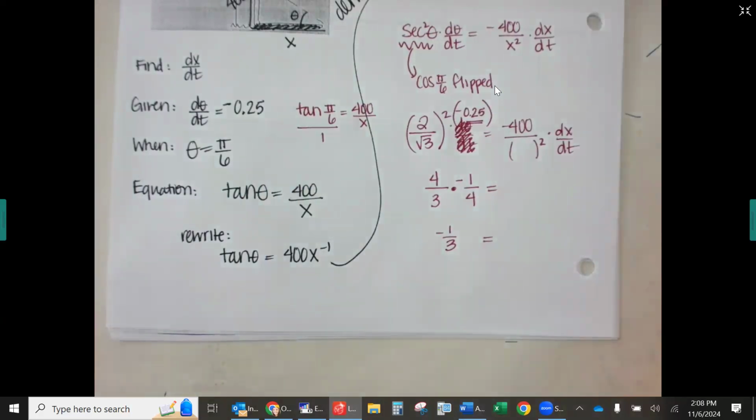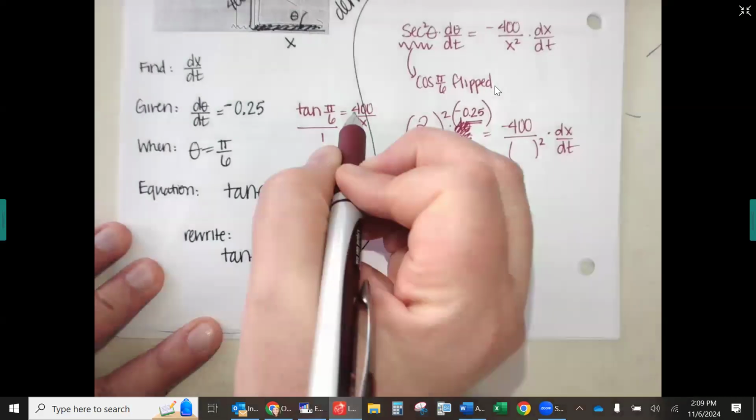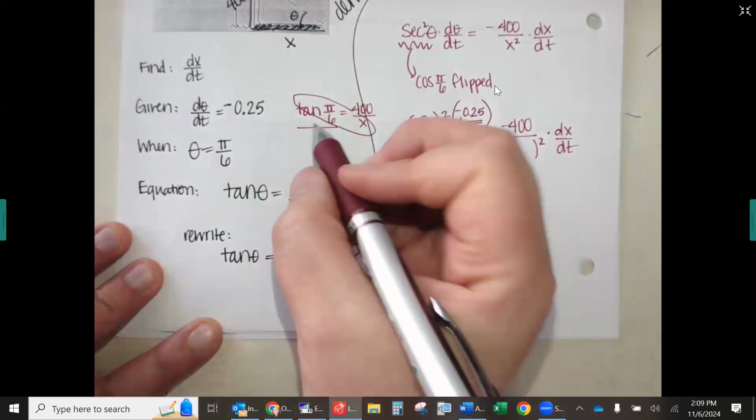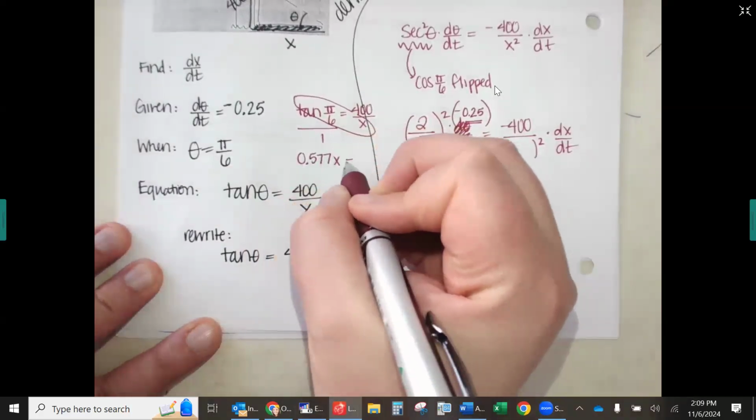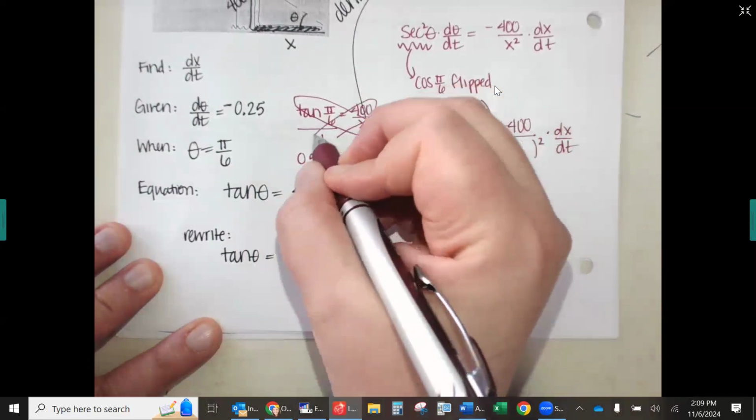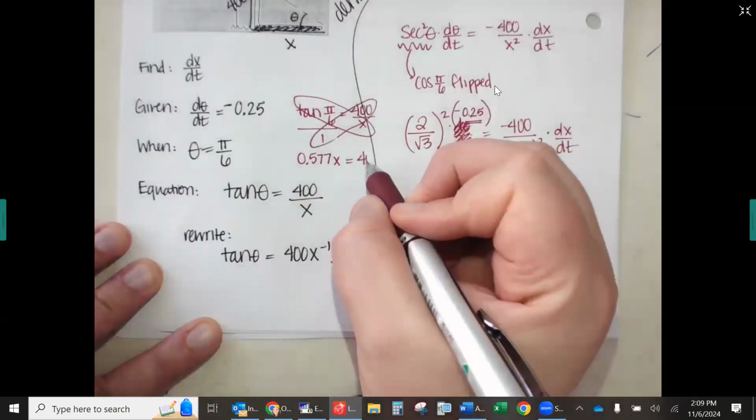So in your calculator, find the tan of pi/6. What'd you get? 0.577x equals, what's 1 times 400? 400.